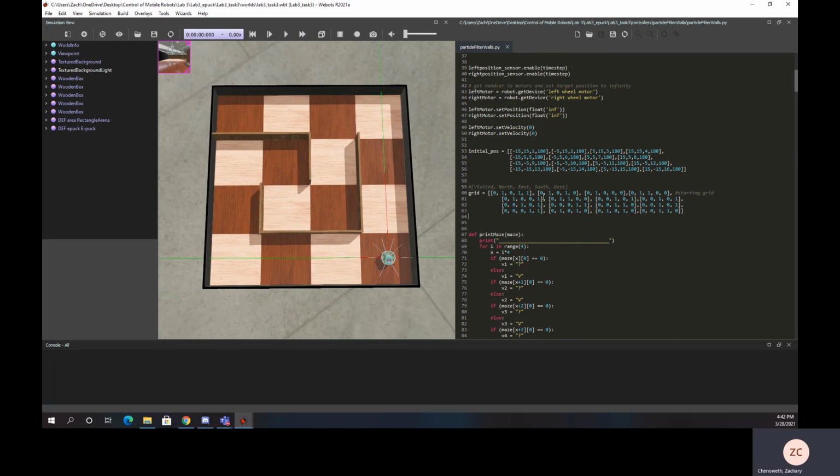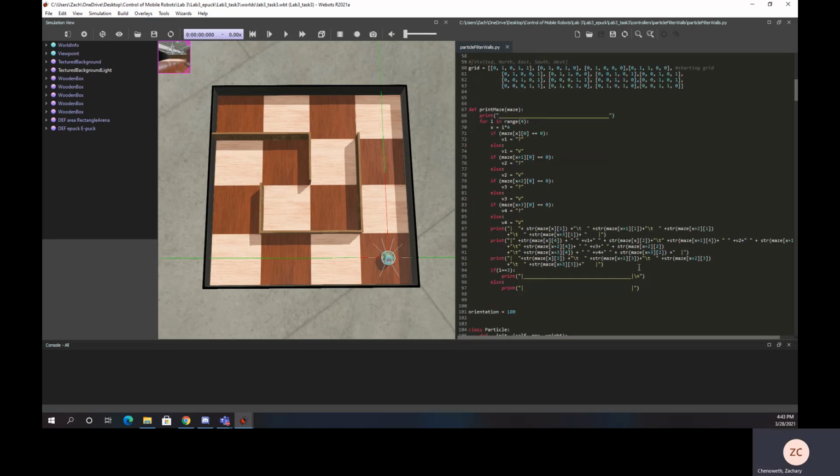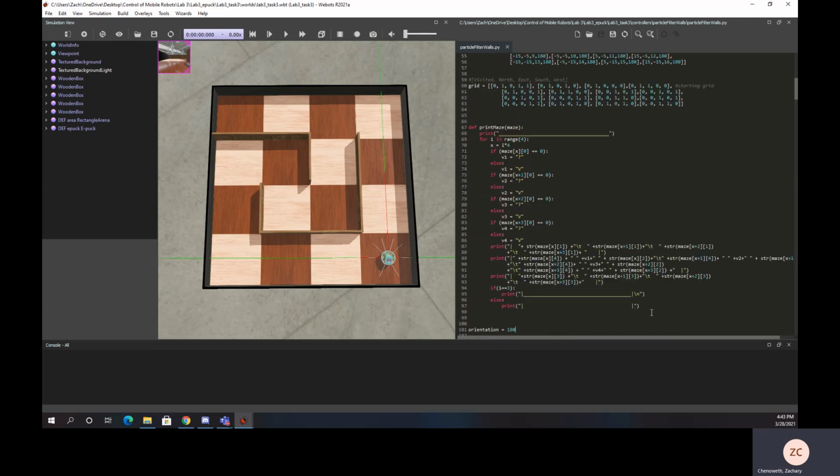Each of these lists represents a cell. If it's a 1, that means there's a wall. If it's a 0, there's no wall. And then the first number is if the cell is visited or not. This function here will just print the visited cells as we go along, and this was provided to us in the lab files.